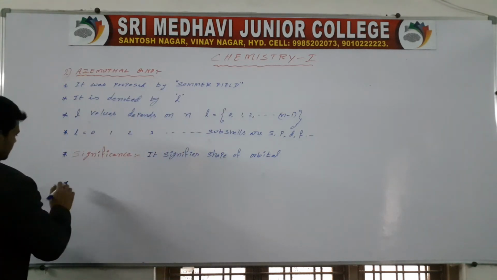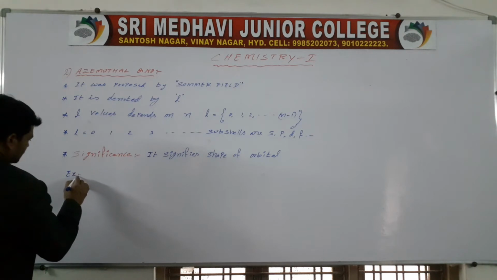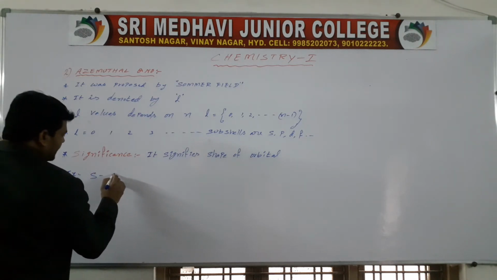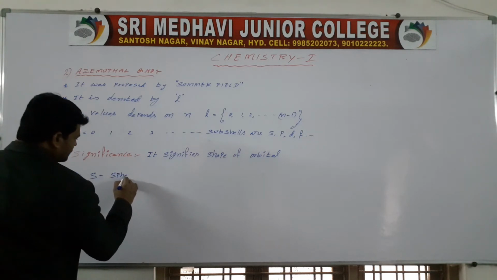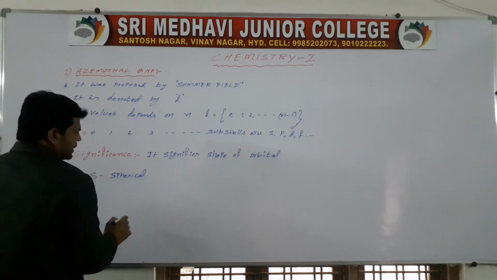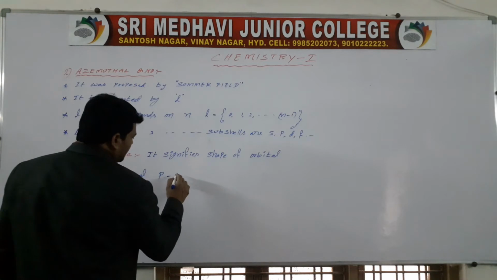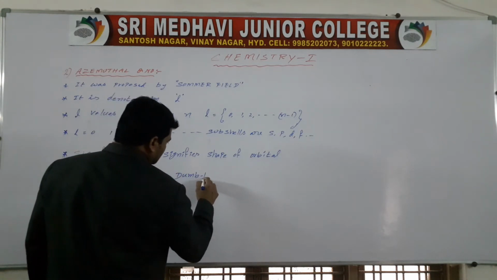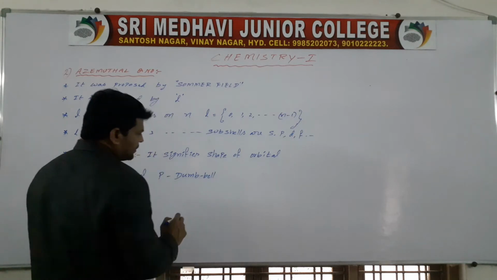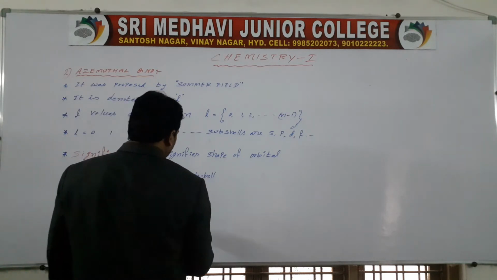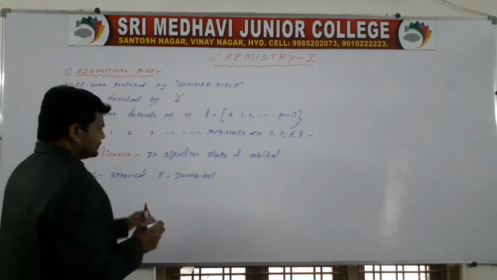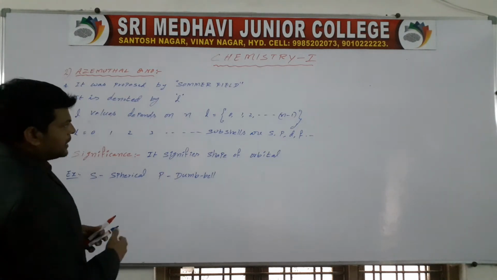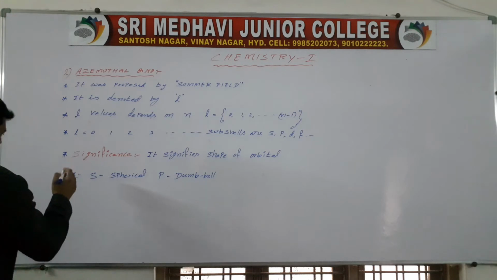For example, s orbital is spherical in shape, p orbital is dumbbell shaped, like that. Next, you have to know a table.